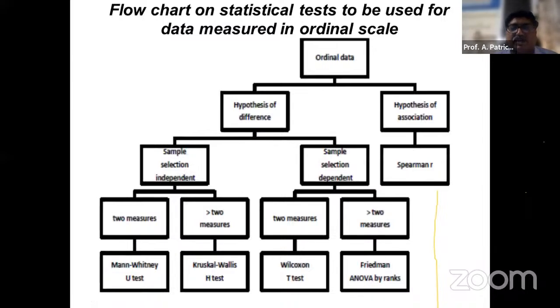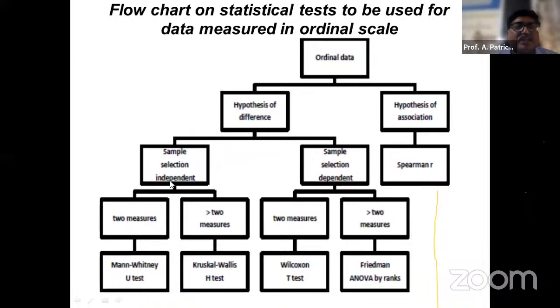Spearman is for non-parametric. See the hypothesis of association: association is between attributes, and difference is between what we call variables, right?